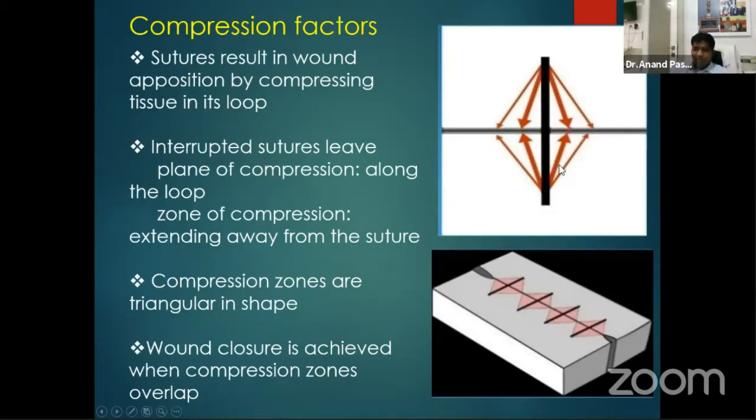The compression zones are triangular in shape, and wound closure is achieved when there is an overlap of the compression zones. This is the most important concept which we need to understand while doing corneal suturing. The compression zones need to overlap so as to achieve a watertight closure and avoid any wound leak.